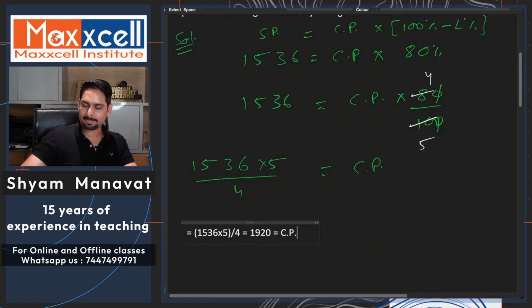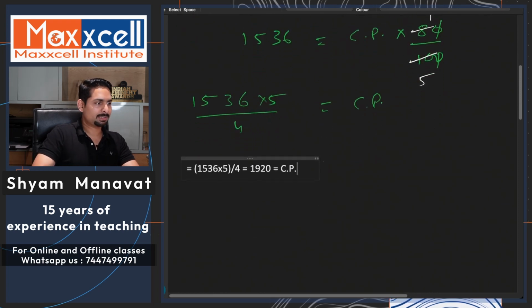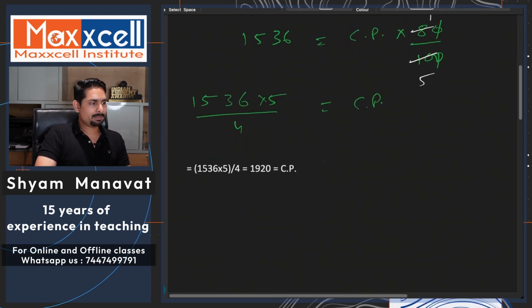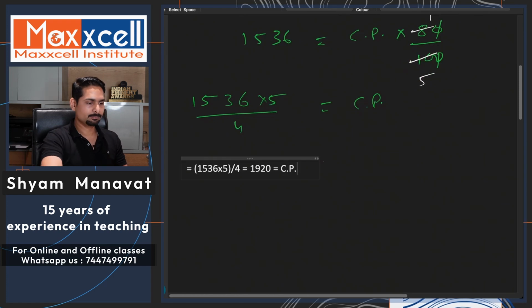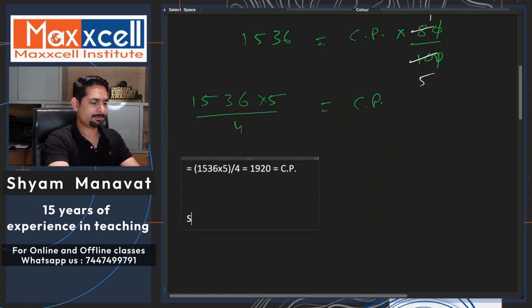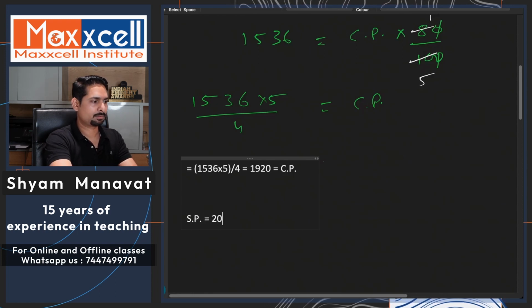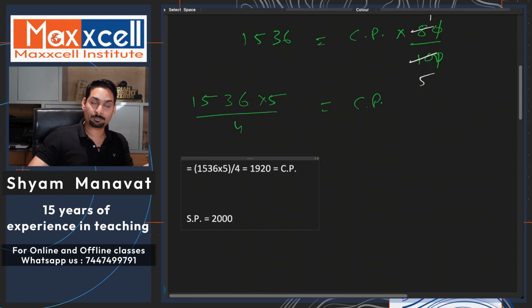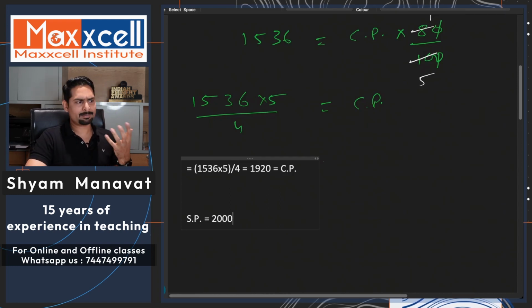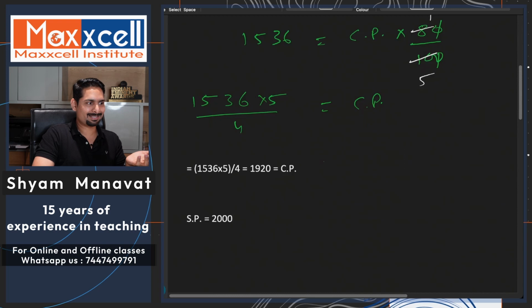Right? Okay, now the question said, had the selling price been 2000, find the profit or loss percent. So first we need to check, is there really any profit?